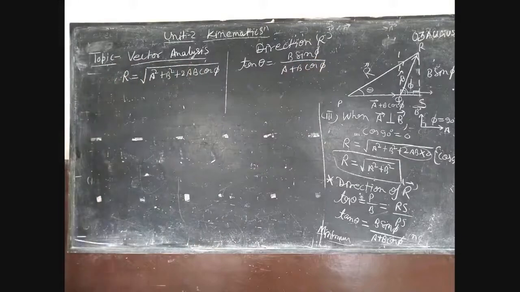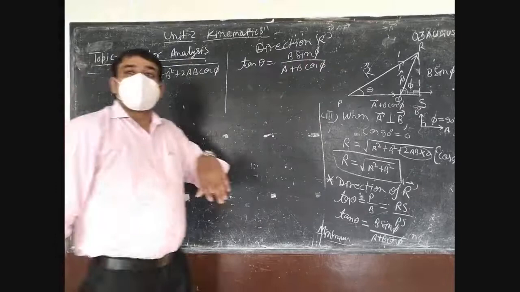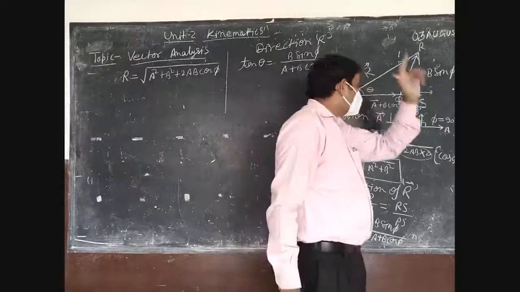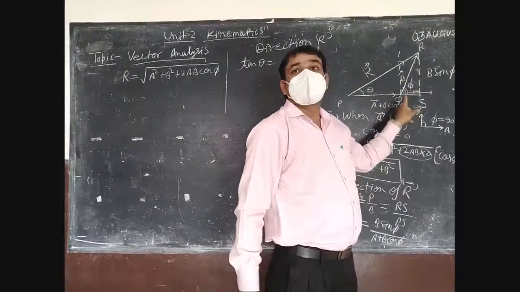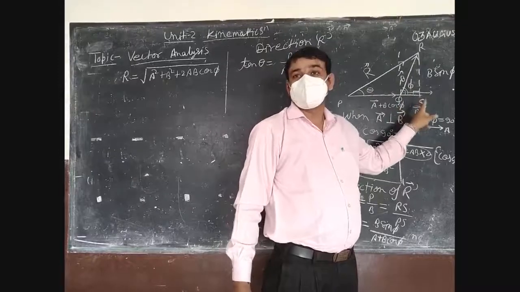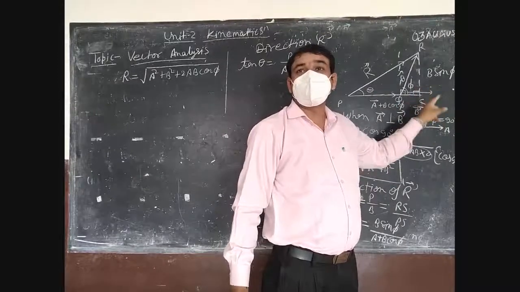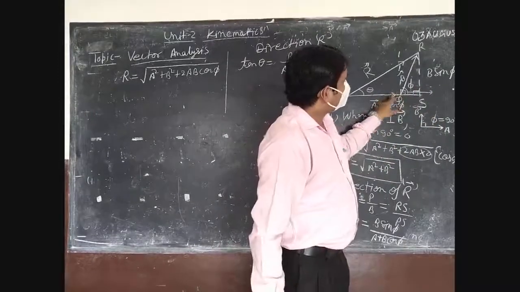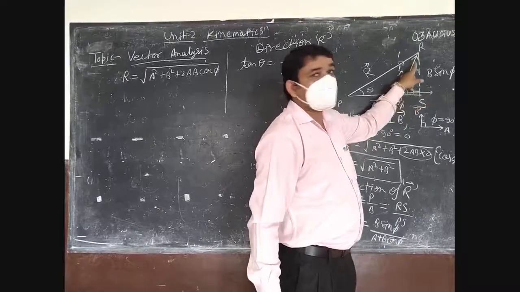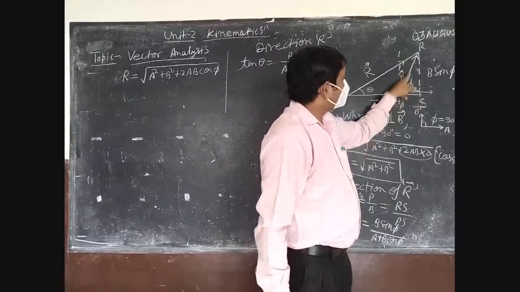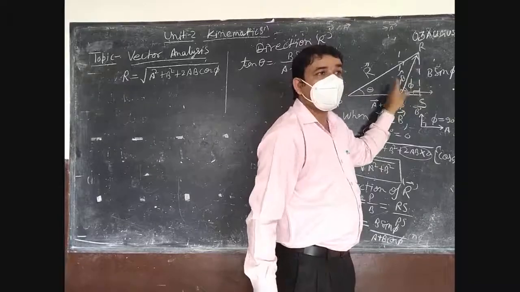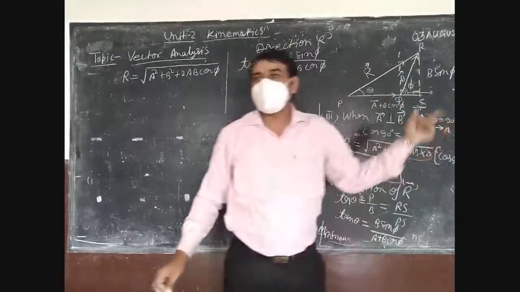Whenever you read the question, you get this figure: the two vectors acting along the sides of a triangle at an angle. This is vector A and this is vector B, but the angle between them you will calculate by extending it as in our derivation.